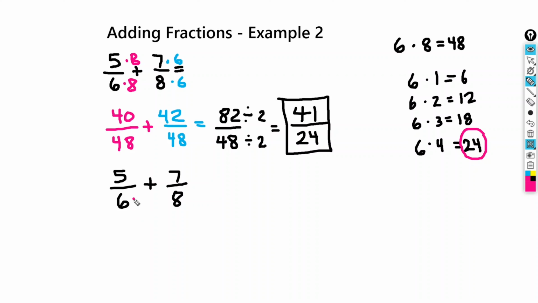And so I'd have to multiply 5/6 by 4/4 and 7/8 by 3/3. Let me fix that. So 5/6, or 5 times 4, is 20 over 24.